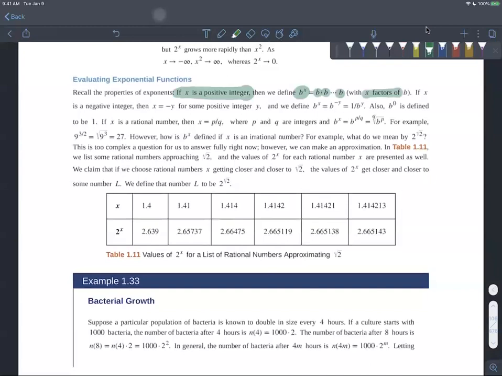If x is a negative integer, well, then x is equal to negative y for some positive integer y. And so if x is equal to negative y, then we can write b to the x as b to the negative y. And then that negative in the exponent can be used to write this as the reciprocal of b to the y, or 1 over b to the y.